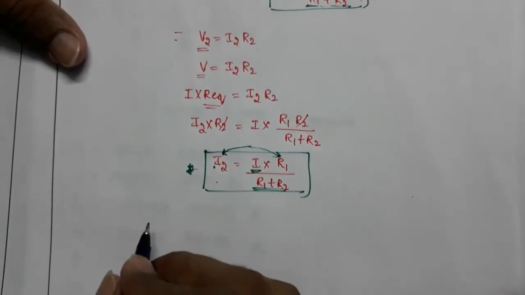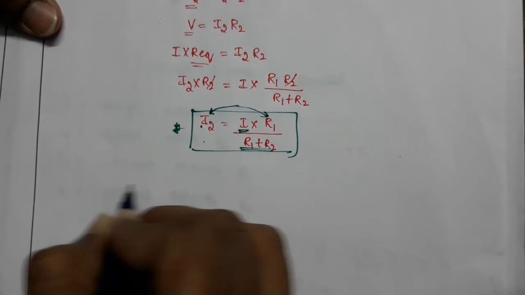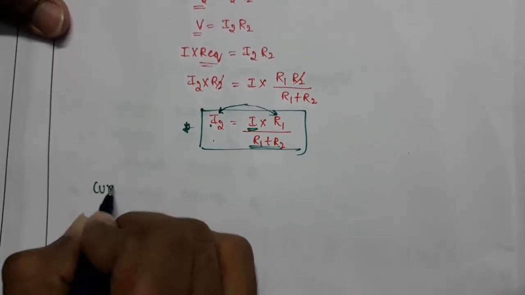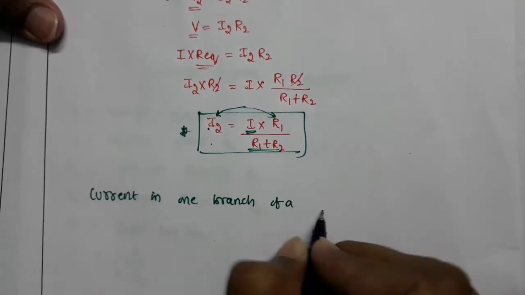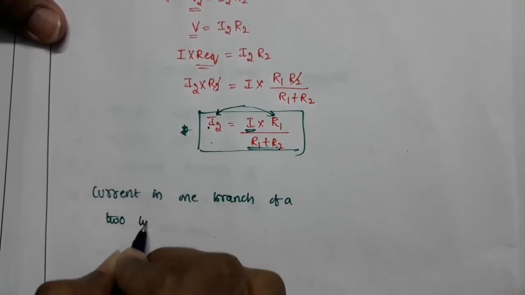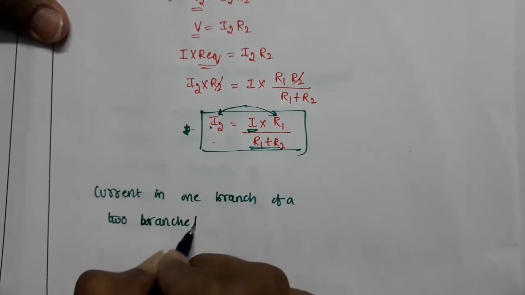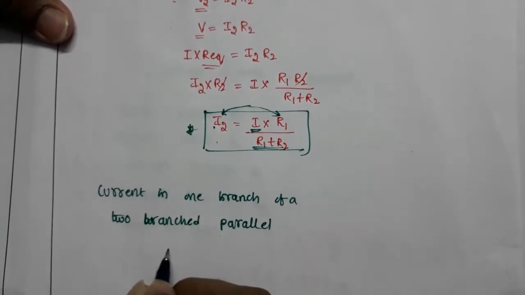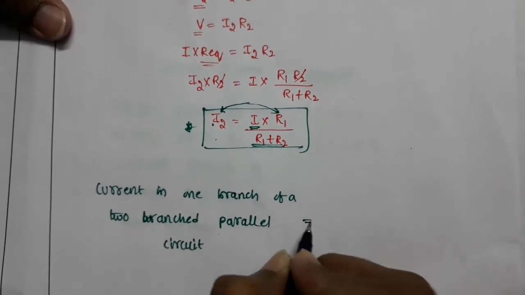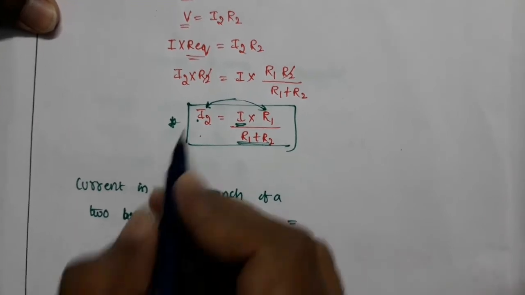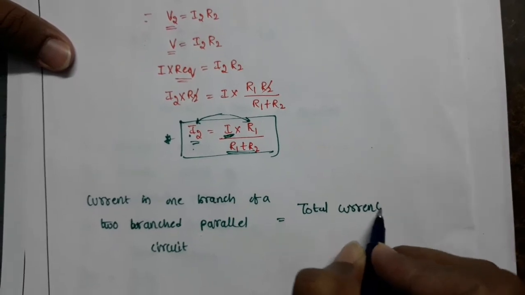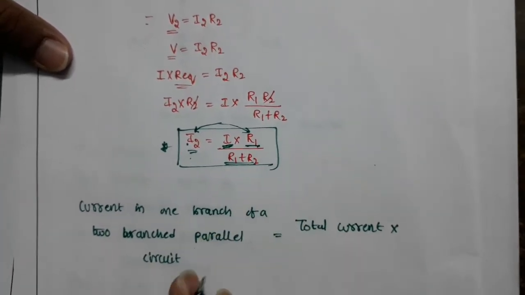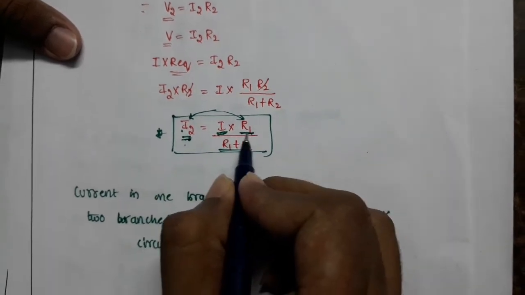So by this you can say that current in one branch of a two branched parallel circuit is equal to, it defines I2 or I1 equal to total current into, we have to take the opposite branch resistance. This is I2 and this is R1, which is opposite branch.